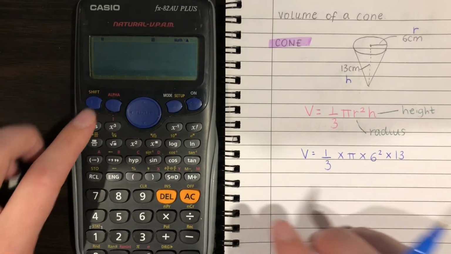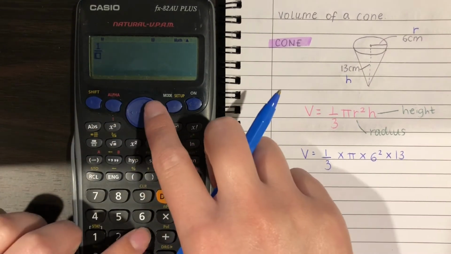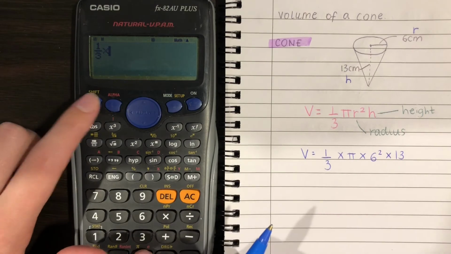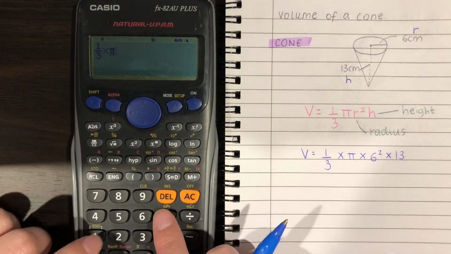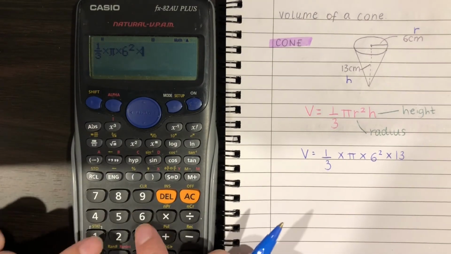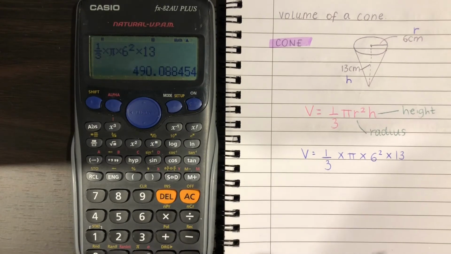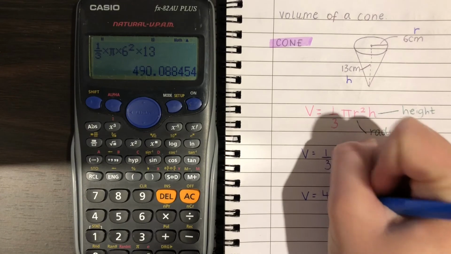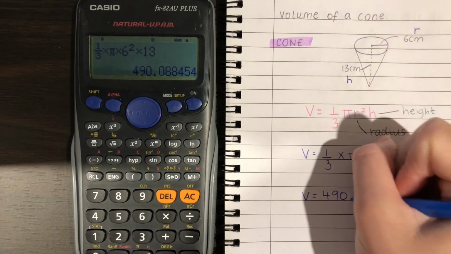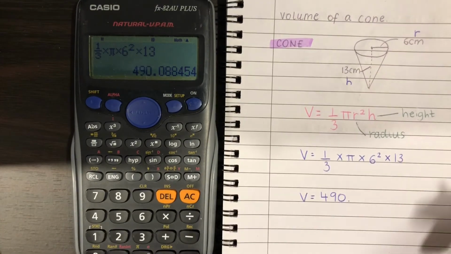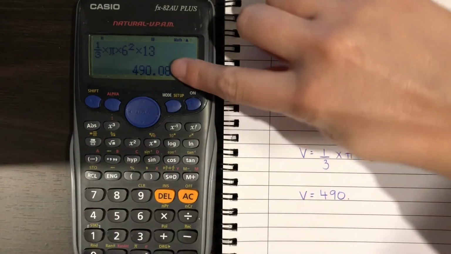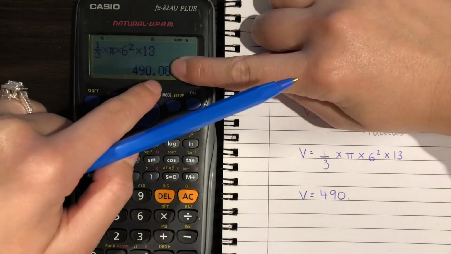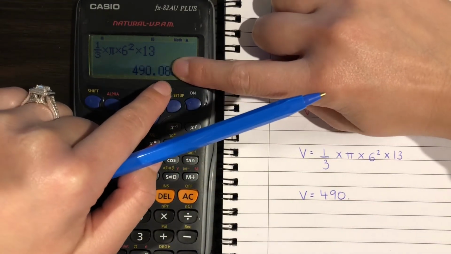So we've got 1/3 times pi, the actual button, times 6 squared times 13. And the volume equals 490, and we're going to 2 decimal places as well. So if I cut that there, I only want 2 numbers after my decimal point.